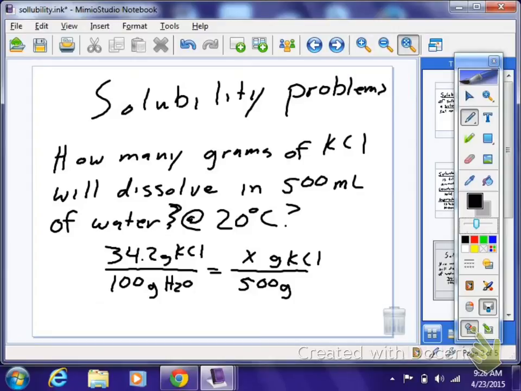Whether you take them or not, that's up to you. But this is the type of problem you're going to solve probably tomorrow. If you're not here, we'll probably be solving some of these problems tomorrow in class. Oh, are you solving them? How much? 171. Okay.